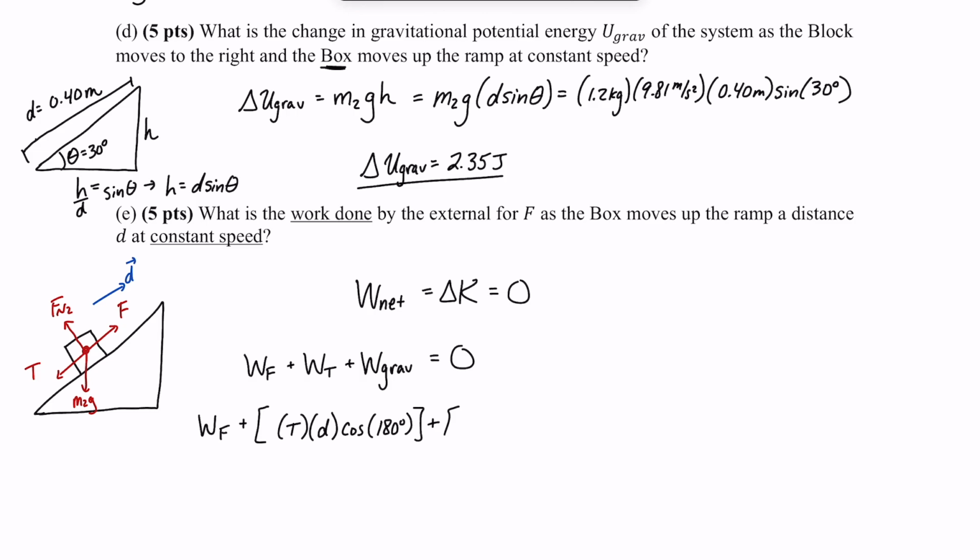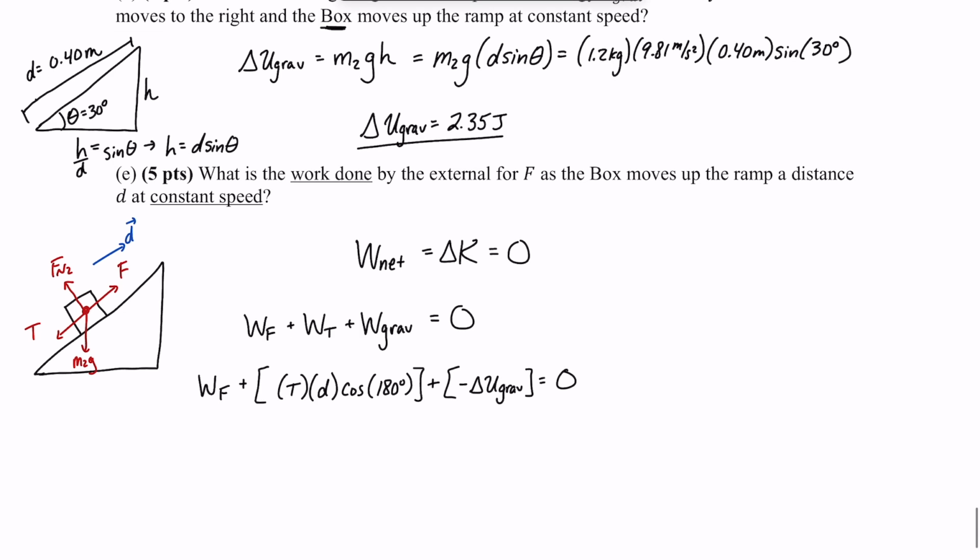And for the work done by gravity, that's going to be equal to the negative change in the gravitational potential energy, which we actually just calculated in the previous part. Continuing on, cosine 180 is negative. I have tension times d minus delta U grav.